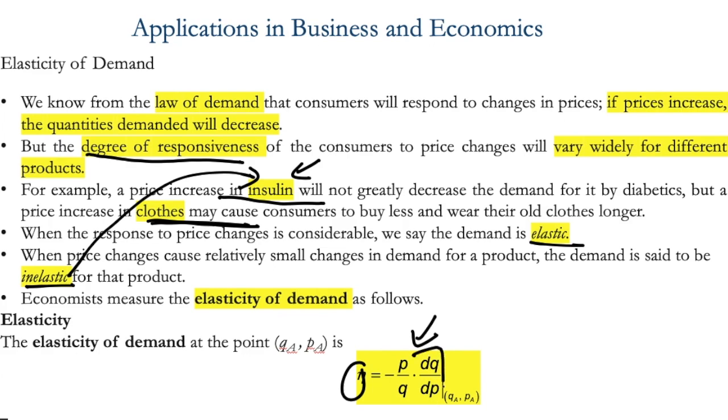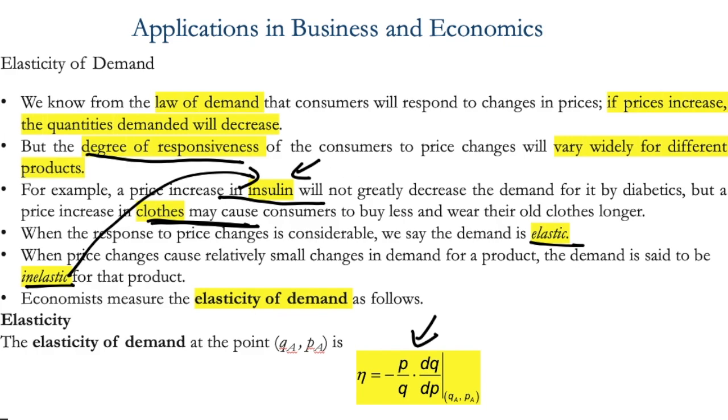So here you see this one is basically the slope of the demand function, and it is included in the calculation of the formula of elasticity, which is evaluated at quantity QA and price PA. So this is the formula that you need to remember.